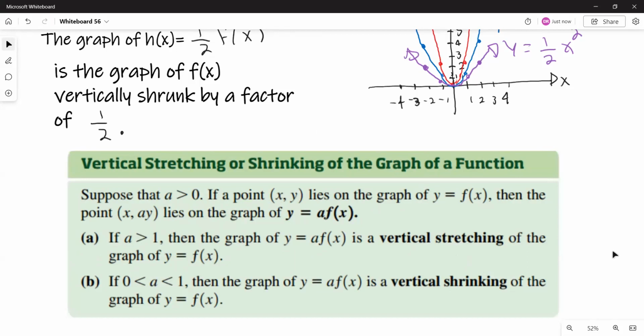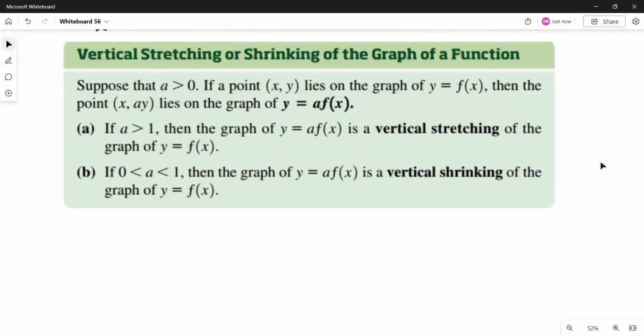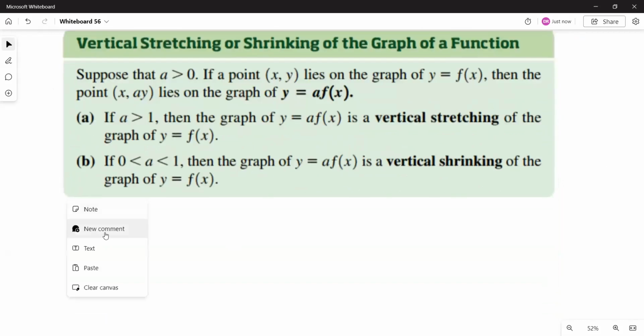If a is greater than 1, the graph of a times f of x is a vertical stretching of the graph of f of x. And if a is positive but less than 1, then the graph of a times f of x is a vertical shrinking of the graph of f of x. And I'm going to add one more thing.